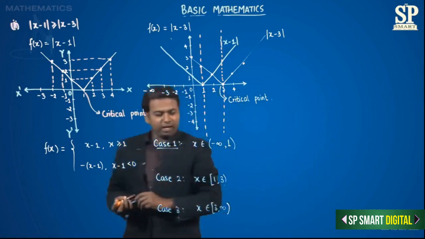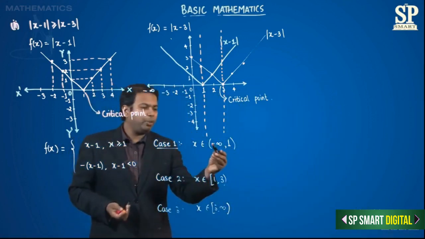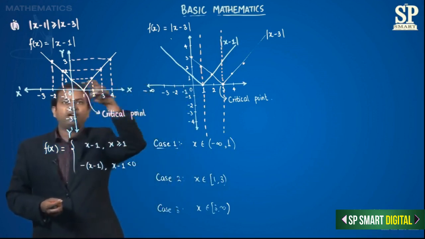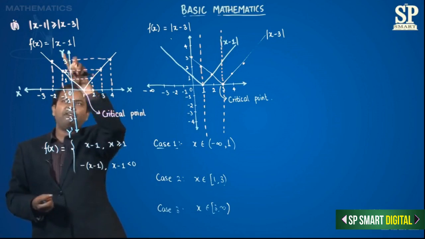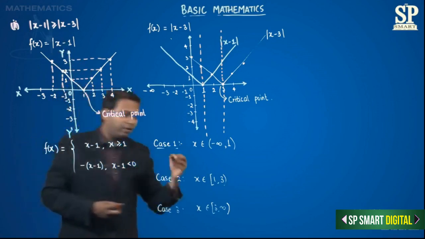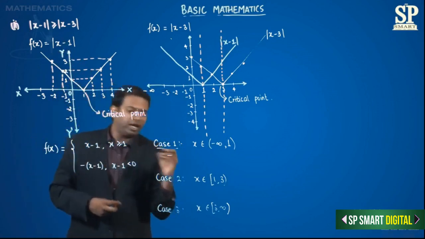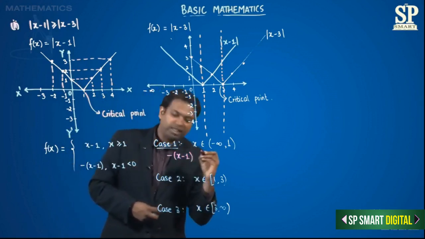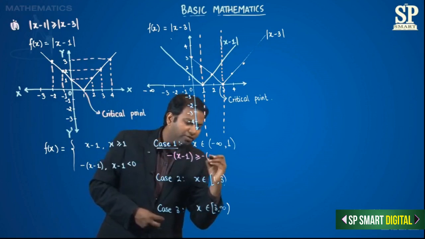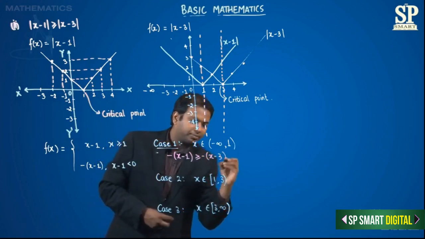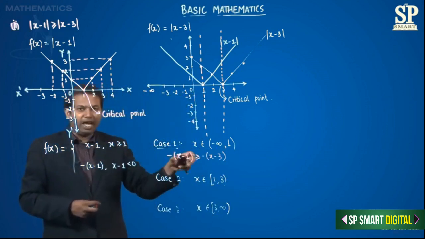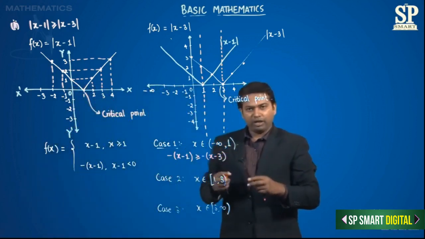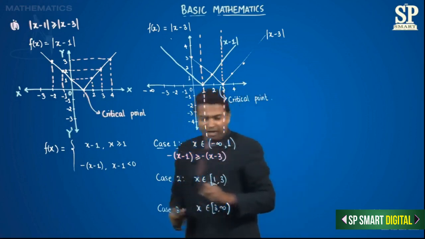Now, when x is in between minus infinity to 1, both of them are negative, and hence if we want to solve this, we need to write a minus sign in front of x minus 1, and this is greater than equal to minus of x minus 3. If we multiply by minus 1 in this inequation, we know that the inequality will reverse.